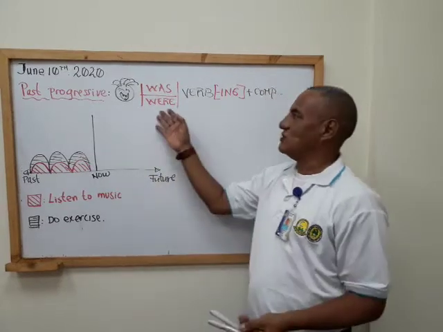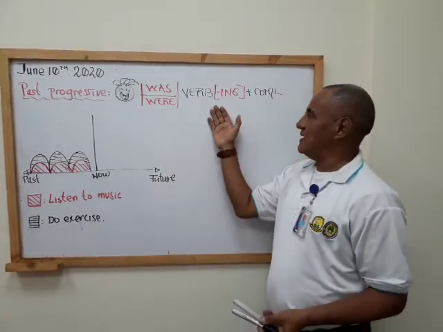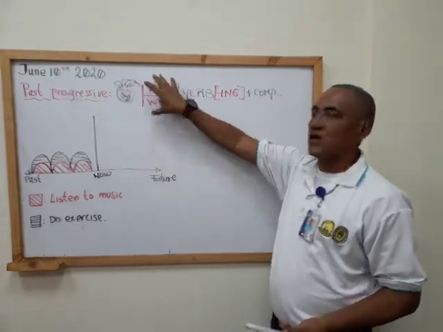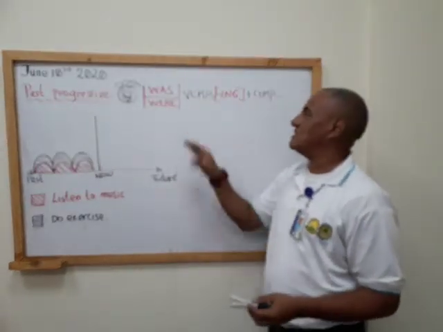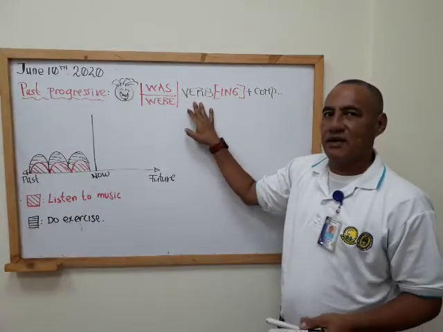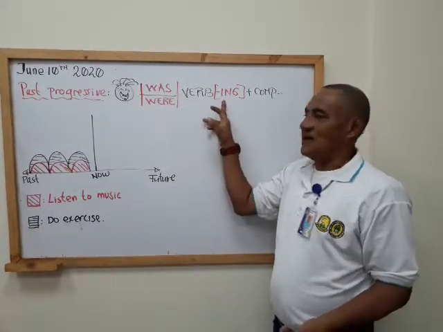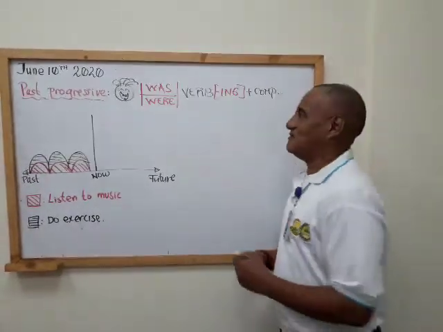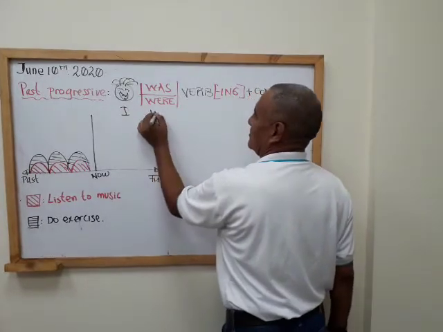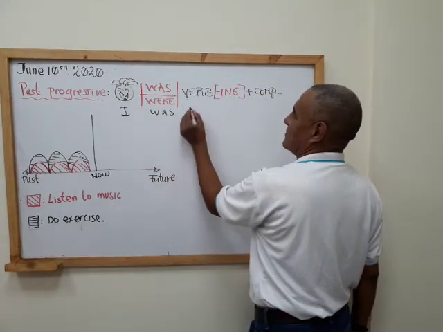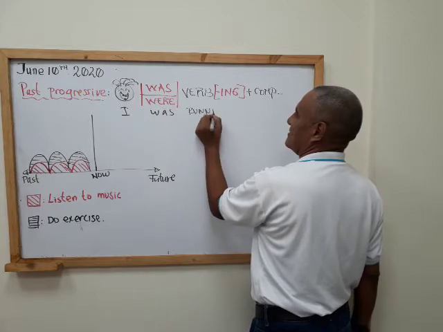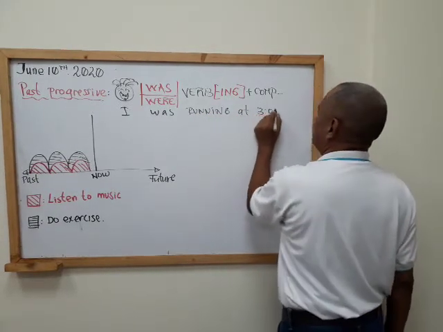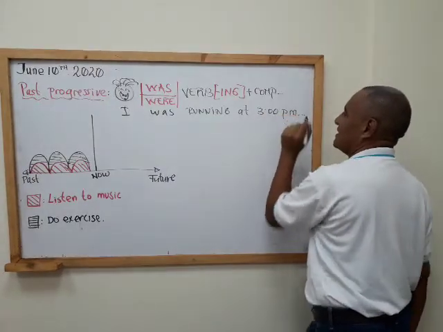So remember that we can construct the past progressive in this way: the subject, was or were, we need the simple past of the verb to be, plus an activity. But the verb has a condition, -ing, plus a complement. In this way, I can say, I was running at 3 p.m. yesterday.